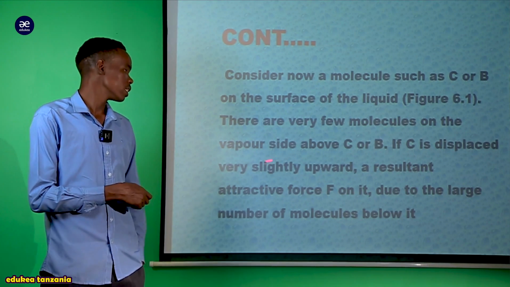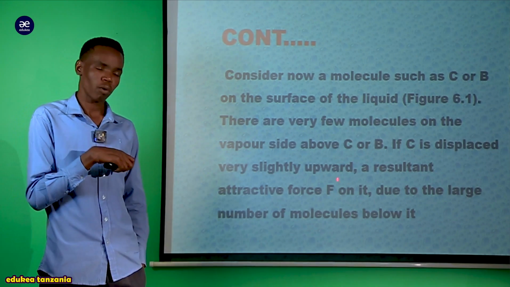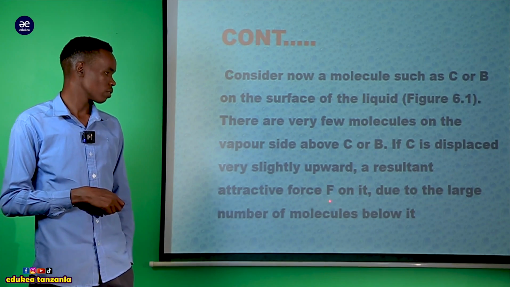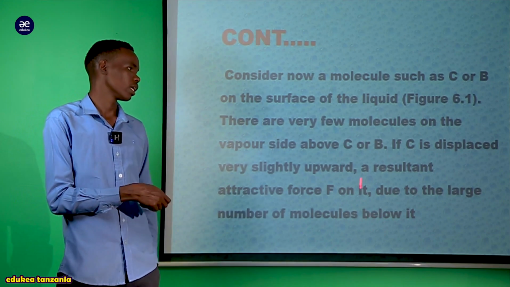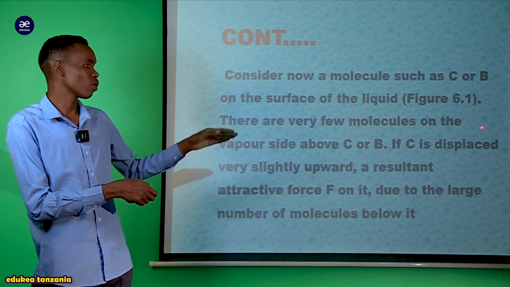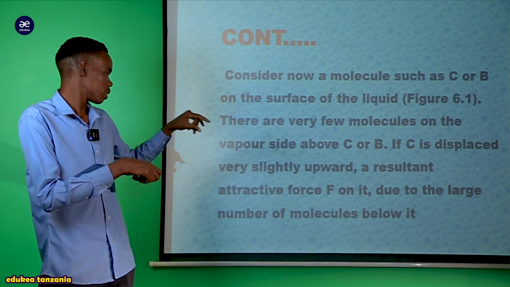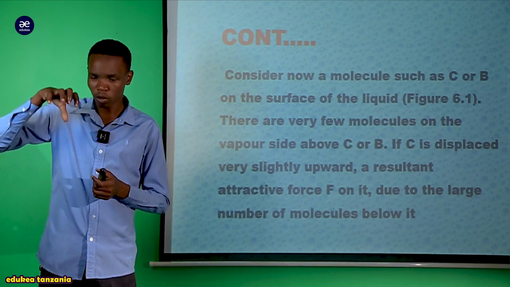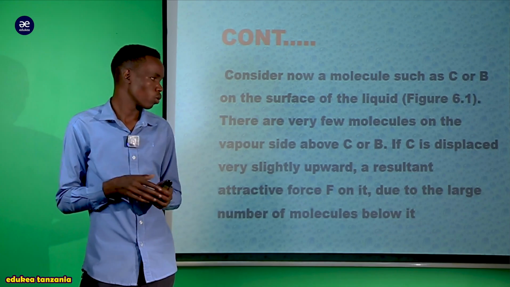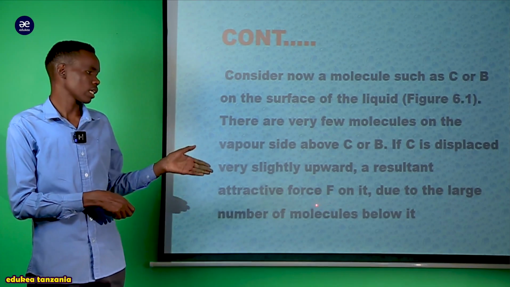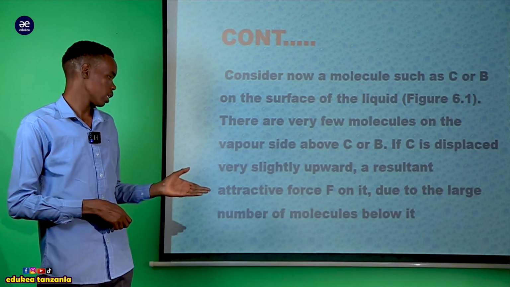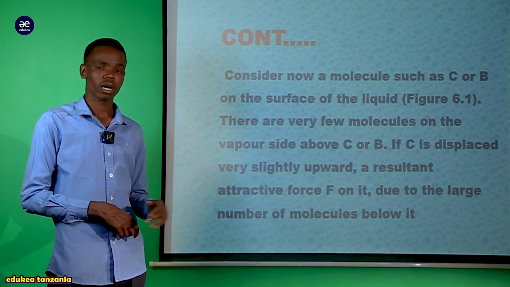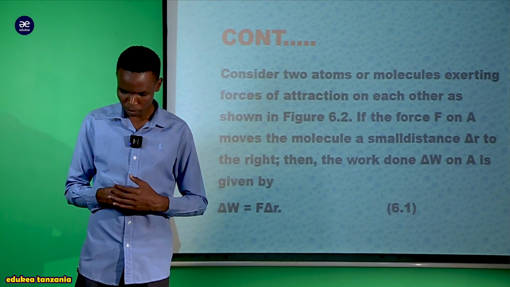So if C is displaced very slightly upward, a resultant attractive force on it is due to the larger number of molecules below it. Kwa hapa tukitokea huyu C is displaced very slightly upward, kwa ukidisplace kwenda juu, basi tutaona ile resultant attractive force ambayo ni F on it due to the larger number of molecules below it.